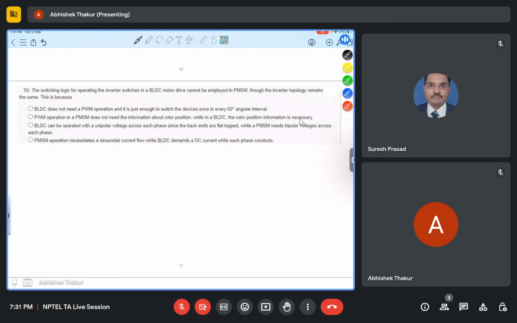Moving on to the 10th question: the switching logic for operating the inverter switches in a BLDC motor drive cannot be employed in a PMSM, though the inverter topology remains the same. This is because PMSM is a permanent magnet synchronous motor.